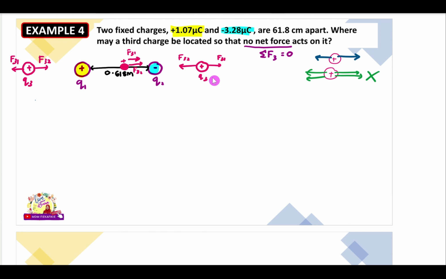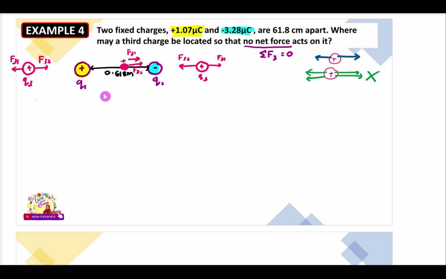Okay, so jadi kalau dekat sini ada dua position, you nampak, kalau charge yang ketiga duduk dekat sini, ada dua direction of force yang berbeza. Okay, madam suruh pilih tempat charge yang ada dua force yang berbeza macam ini tadi. Sini pun boleh. Jadi kita nak pilih mana yang lebih tepat. So yang lebih tepat, you letakkan the third charge berhampiran dengan charge yang lebih kecil magnitude-nya.